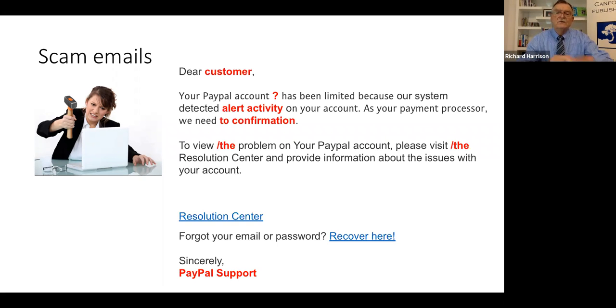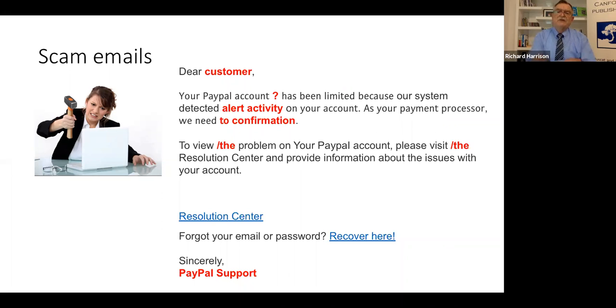Let's have a look at this one, for example. This is supposed to come from PayPal. And I've highlighted in red the elements that aroused my suspicion. So first of all, they don't use my name, they just say, "Dear customer." There's no reference to my account or my account number.